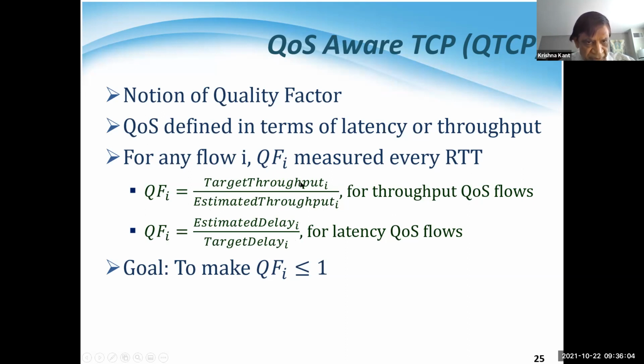So the quality factor is the ratio of these two things, the target and the estimate. And you can see that the ratios are reversed in the two cases. So in both cases, our goal is to make the quality factor less than or equal to 1. And if you can do that for every flow, then you will be able to satisfy the QoS constraints for every flow.